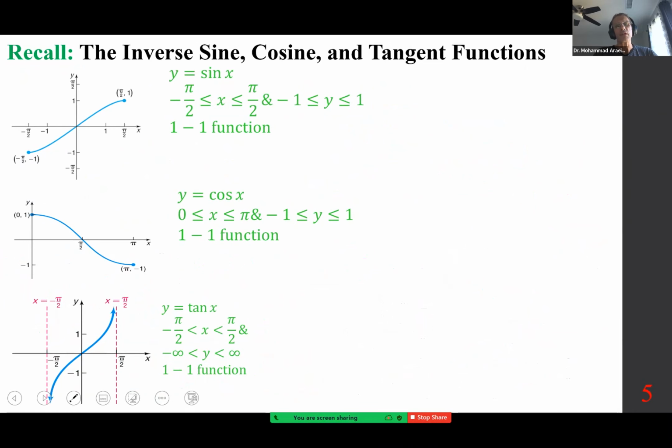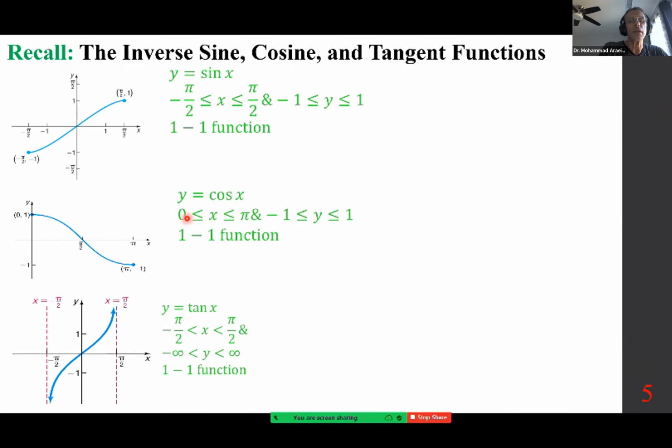None of the trigonometric functions is one-to-one. All of them fail the horizontal line test. So what do we do? We restrict. For sine, we restrict it from negative pi over 2 to pi over 2. The same thing for tangent. In the case of sine, the endpoints are included. In the case of tangent, the endpoints are not included.